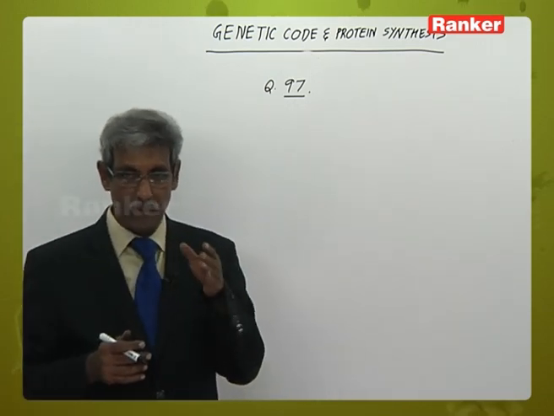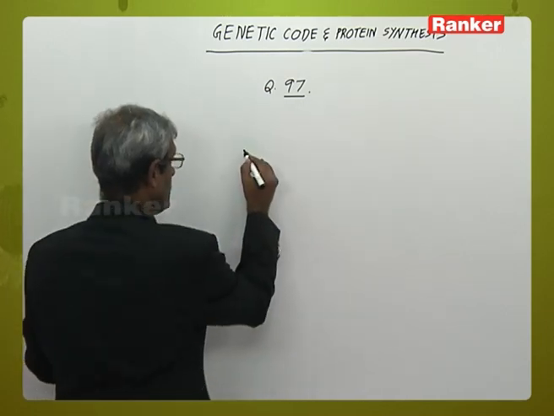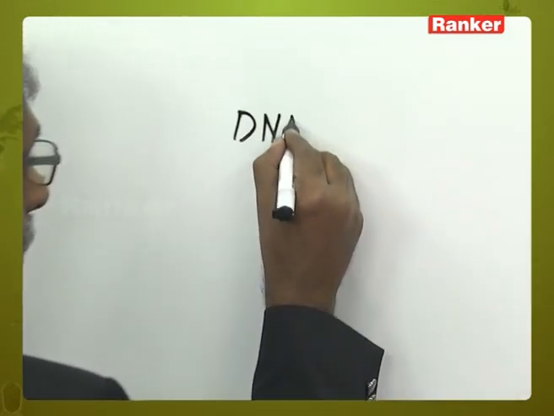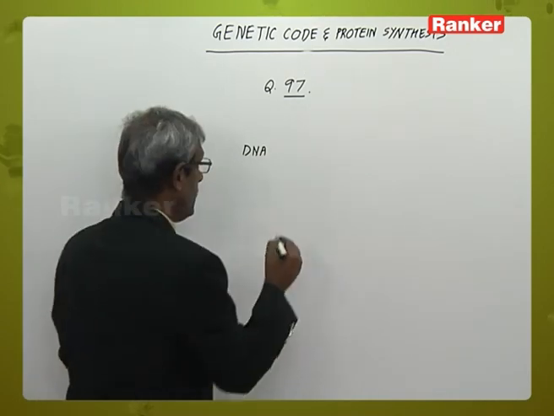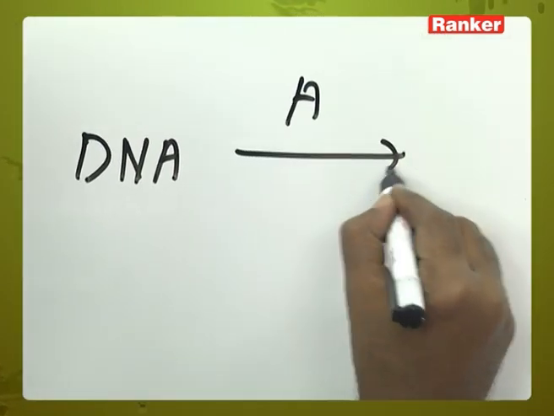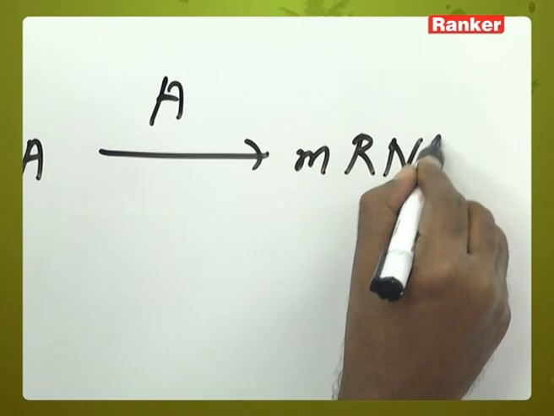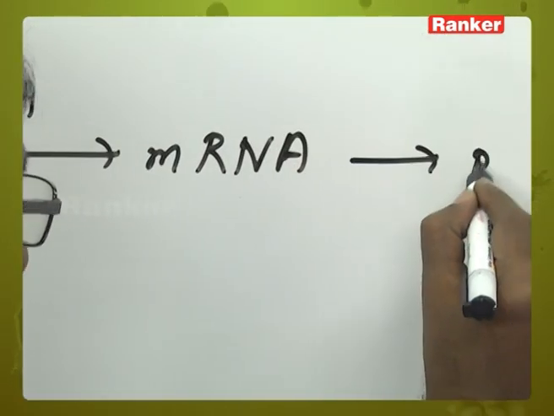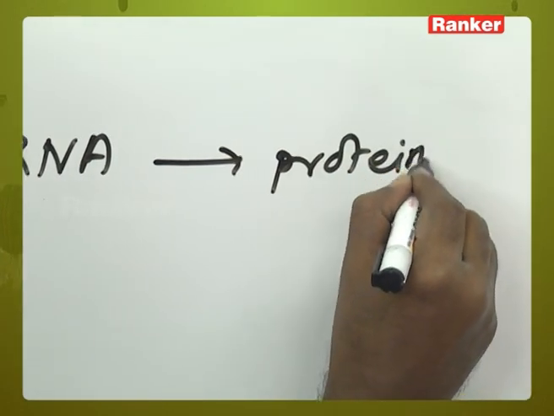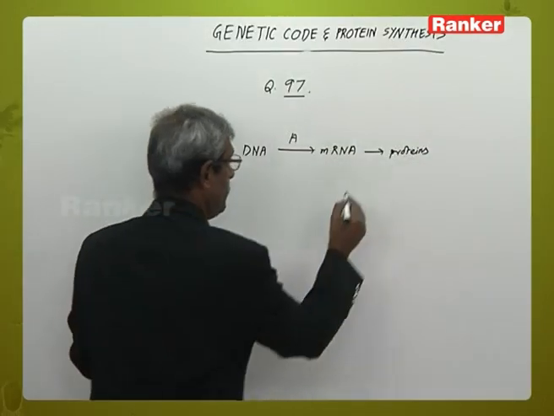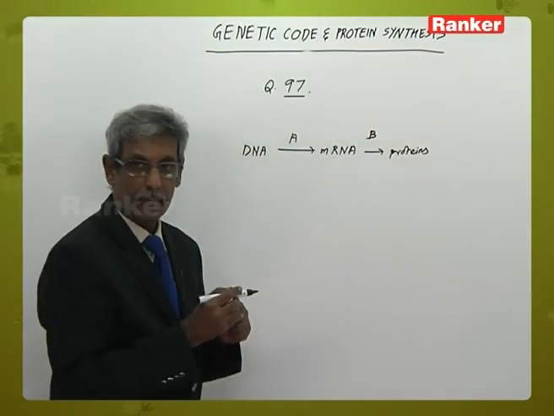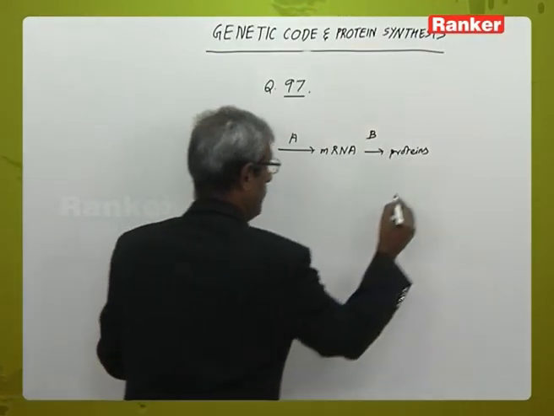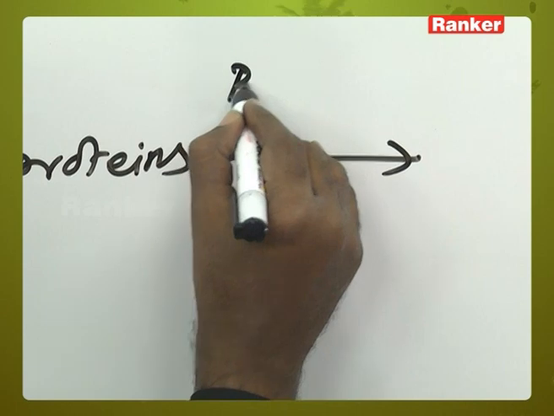Fill in the blanks A to C. We have DNA making A, it goes to form mRNA, and mRNA in turn forms the proteins in the presence of B, and it has been proposed by C.